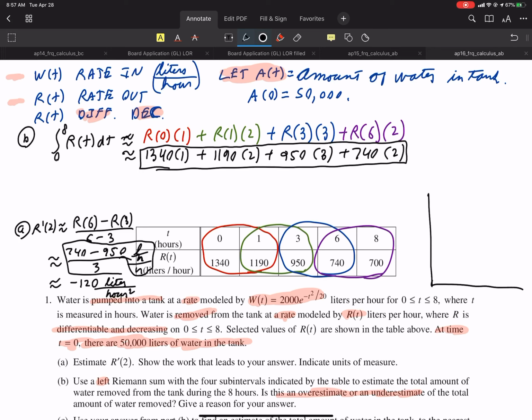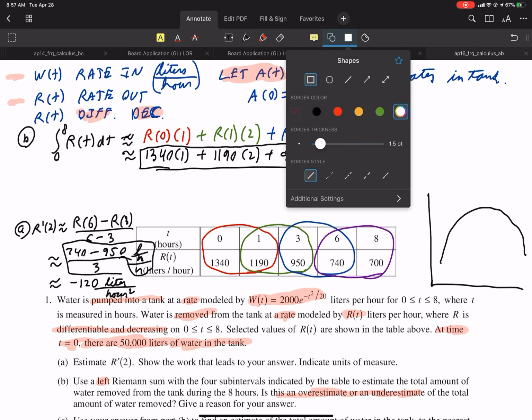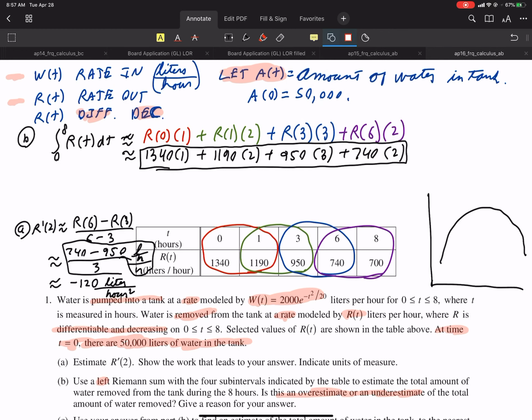So I'm going to show you why concavity doesn't matter. If it's concave down and we're doing left Riemanns, we're going to do a bunch of rectangles on the left side. So if I draw a rectangle here, the left side will touch there. If I draw another rectangle, the left side will touch there.